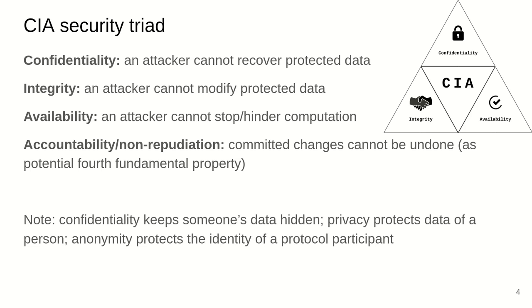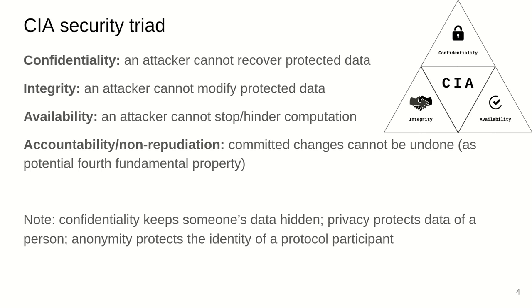For example, after having sent an email, the attacker cannot modify the email that is now stored on the server. Availability, an attacker cannot stop or hinder computation. And again, with the example of the mail server, this would be the attacker cannot terminate the mail server and prohibit the other user from reading their emails.